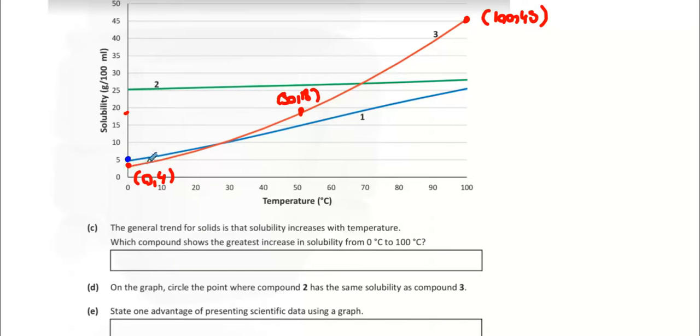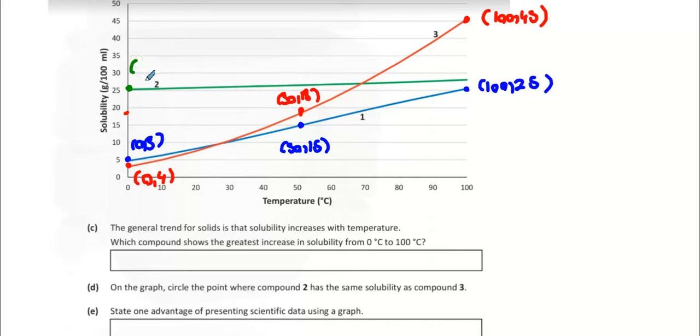Now for the blue one, it's 0.5, which means at the very beginning you can dissolve 5 grams of salt. At 50, it's around 15 grams. And then at 100, it's around 25 grams of salt. So you can see the blue one doesn't rise as quickly as the red one, but still rises. Now the green one's a bit weird.